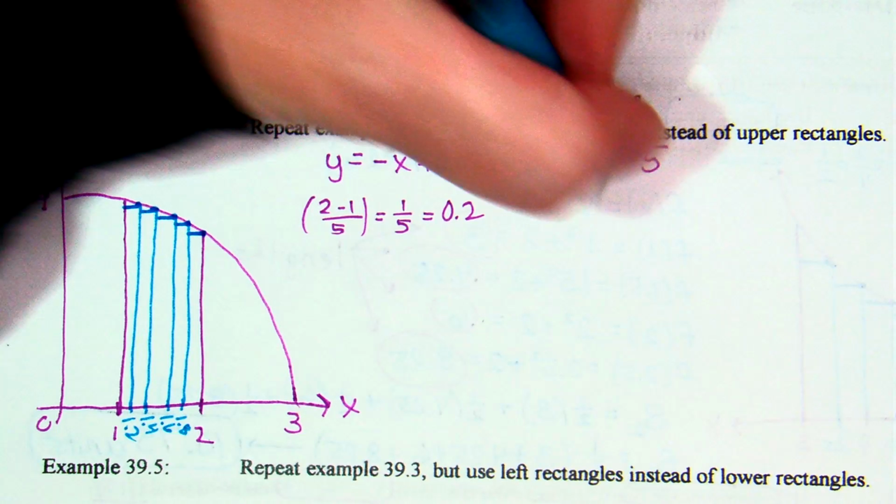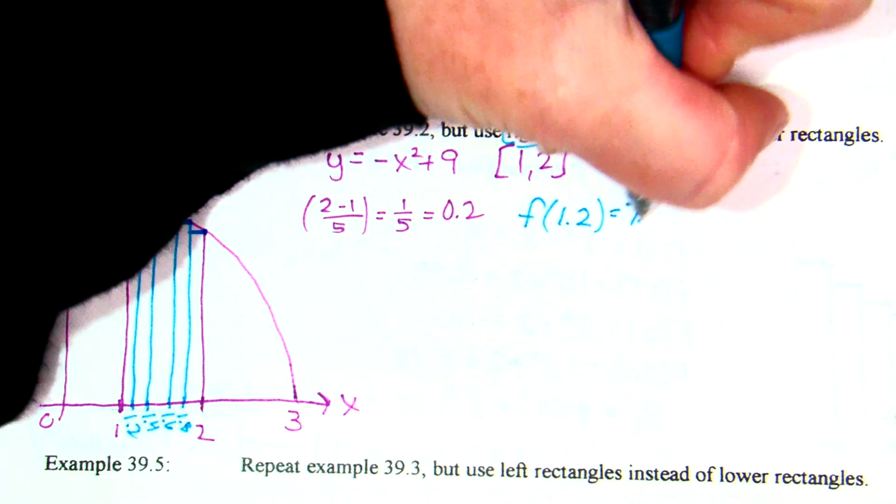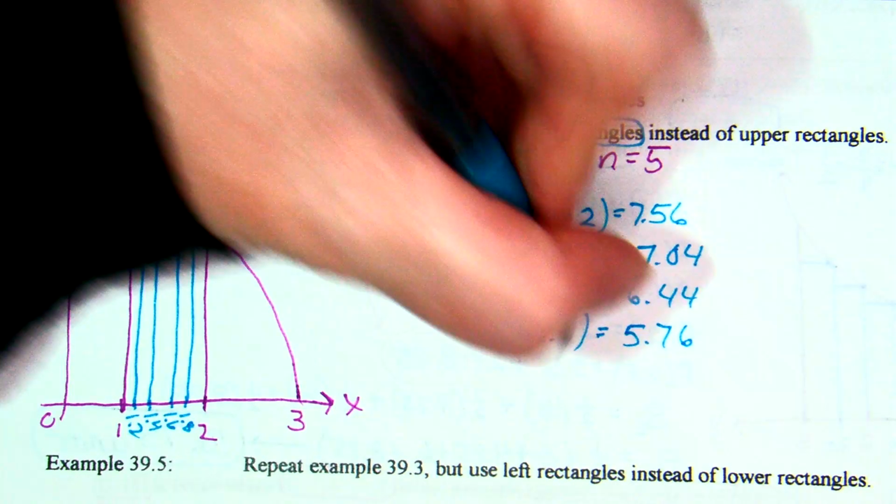Now, I'm just going to write down the pieces. So we need to know f of 1.2 is the first one. Well, hey, guess what? It was 7.56 earlier. We need to know f of 1.4, which is 7.04. We need to know f of 1.6, which was 6.44. We need to know f of 1.8, which was 5.76.